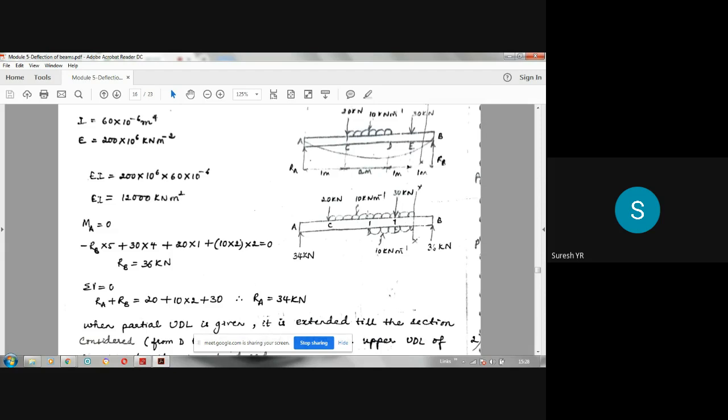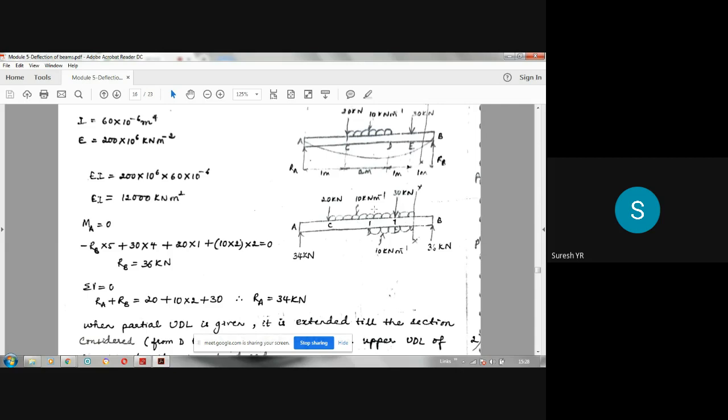See here, from whatever point you have extended the UDL on the beam in the downward direction, to nullify the effect of that, because that is not given in the problem, you have additionally applied that. From the same point to this XX, you have to introduce upward UDL also of same intensity. 10 kilonewton per meter is the intensity.